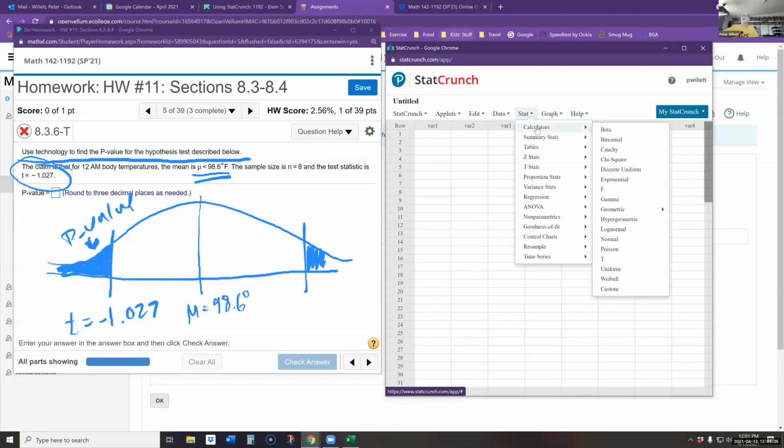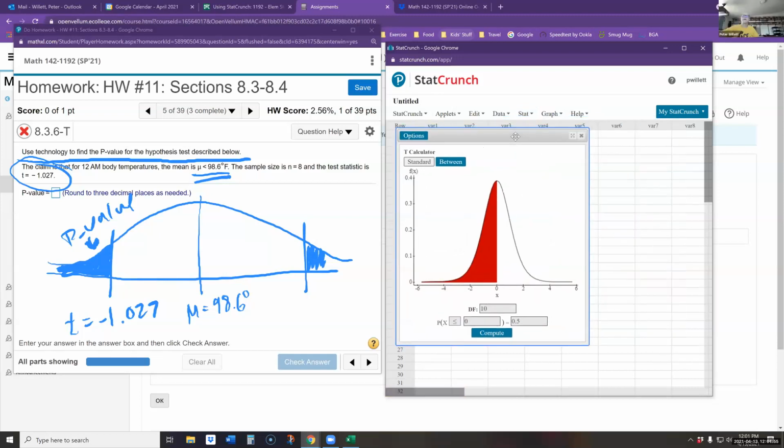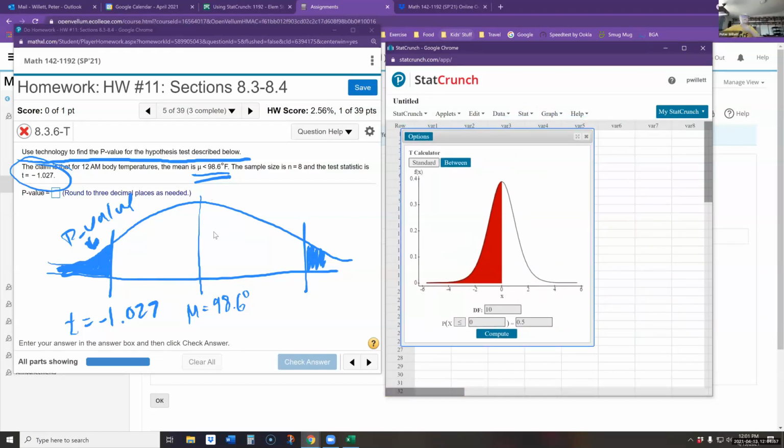Exactly. And notice that right below the calculator for the normal distribution is a calculator for t-distribution. Can you guys see that on the screen there? Yeah. All right. So if I pull that up, then I get this same picture. And I know the sample size is 8 and the degrees of freedom is 1 less than that.